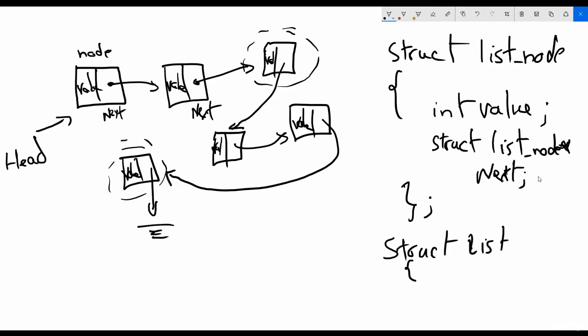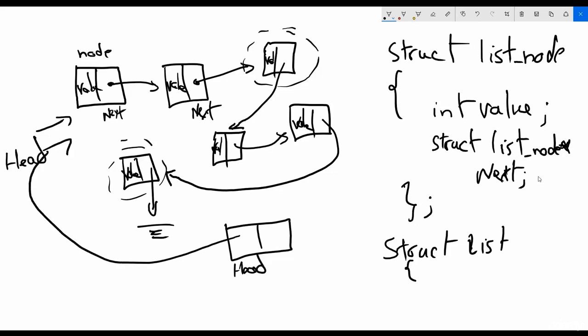And every list structure has a head pointer that points to that very first element. And it has some other metadata such as the size of the list. So we have here a list node pointer called head, and the size of the list.